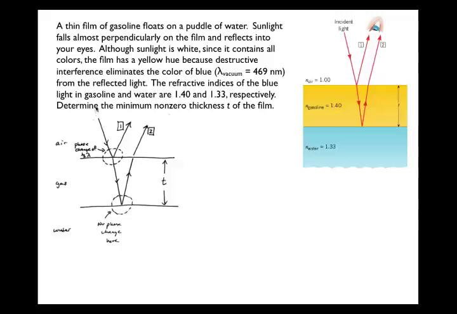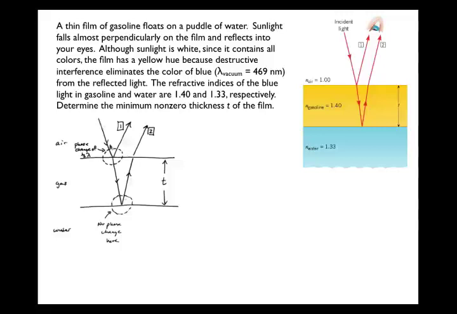When light travels in air and bounces off gasoline, that's a reflection event. And that reflection event is consistent with a phase change of 1/2 of a wavelength, just like a wave on a spring going from a less dense to a more dense medium. The reflected portion of that pulse was flipped around and it was on the other side of equilibrium.